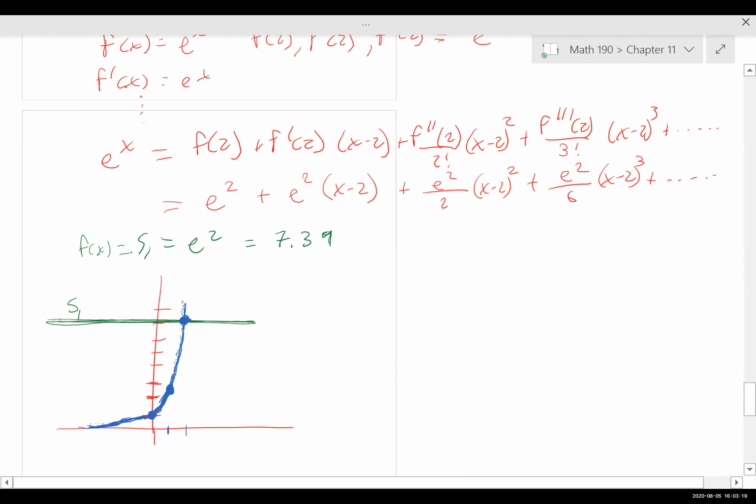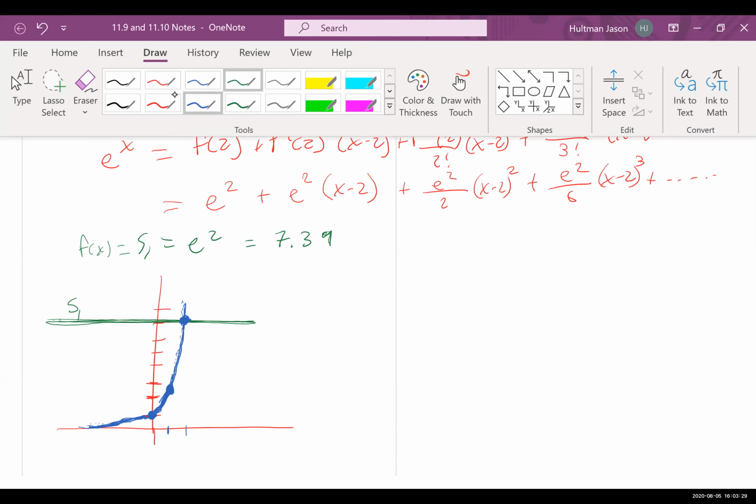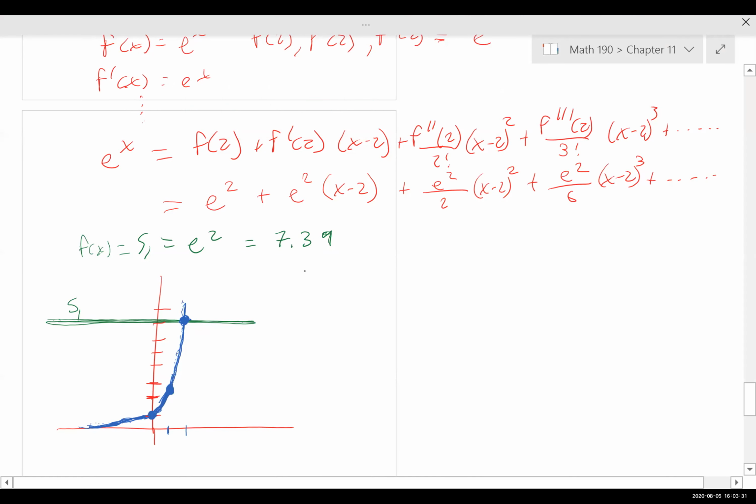Now what happens? Well, let's look at S sub 2. What shape should S sub 2 be? S sub 2 of x is equal to what?